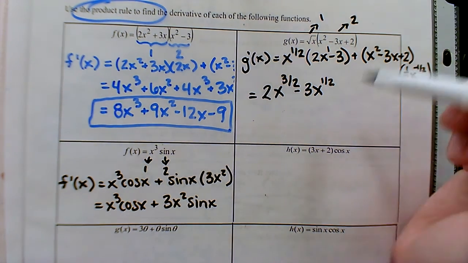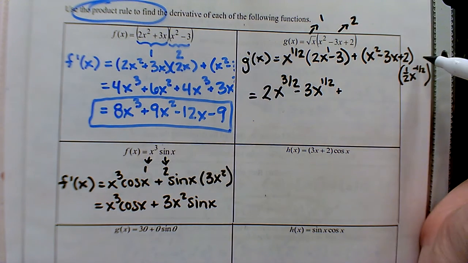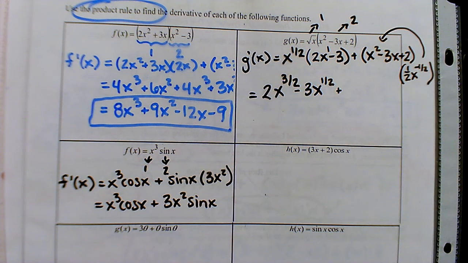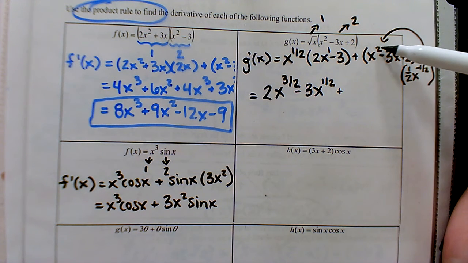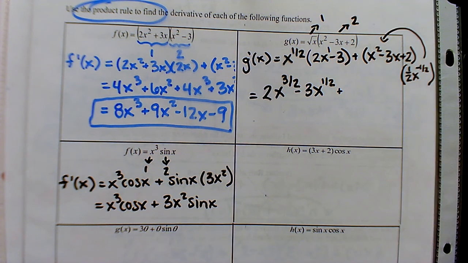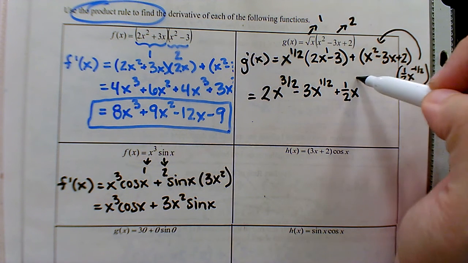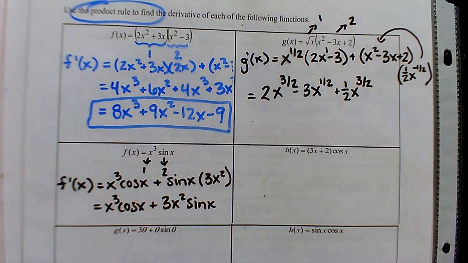For the other pairs that we're going to get rid of the parentheses for, we're going to distribute in the 1/2 x to the -1/2. So the same idea. If you're multiplying the same bases, we're going to add the powers. So we need a 2 plus a -1/2, which would be 1.5 again. Okay, so the power on the x is 1.5, or you can write that as 3/2.